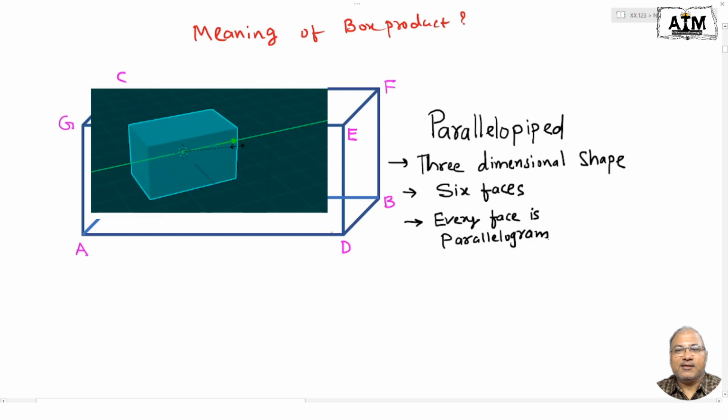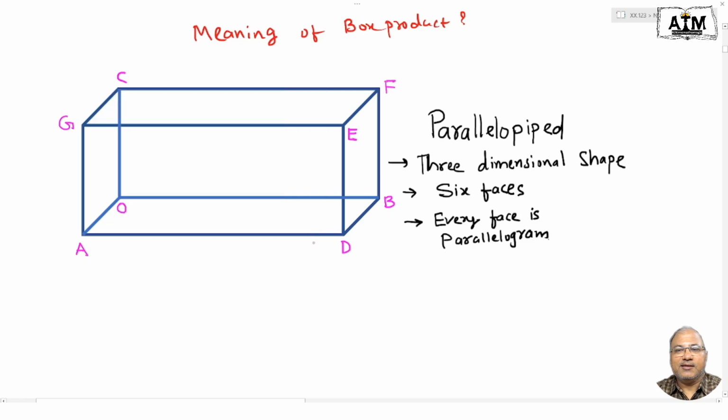That means if you just extend a cube, you will get a parallelepiped. It has 6 faces, and every face is a parallelogram. Therefore, it is called a parallelepiped. Now, with the help of this parallelepiped, let us understand the meaning of the box product.